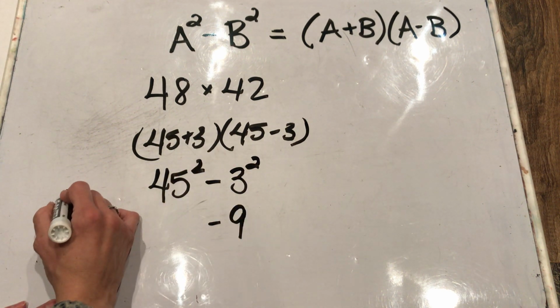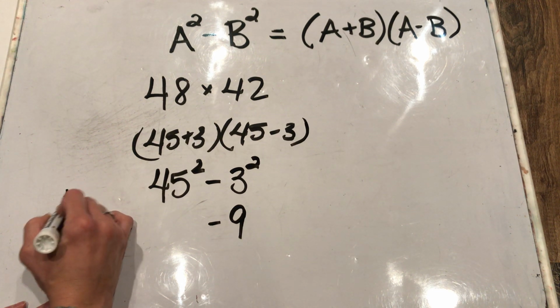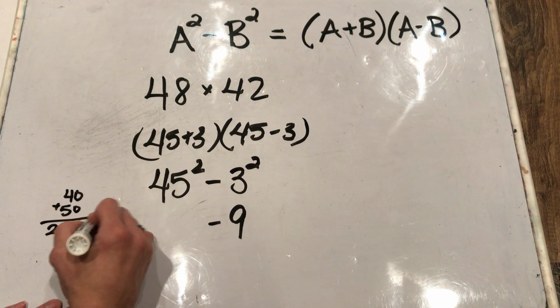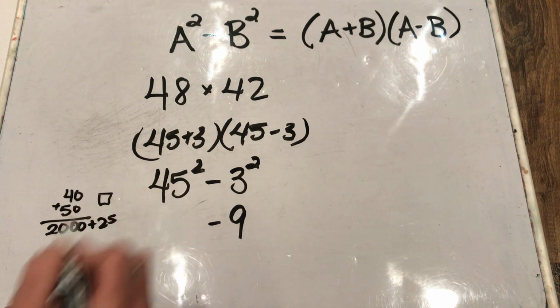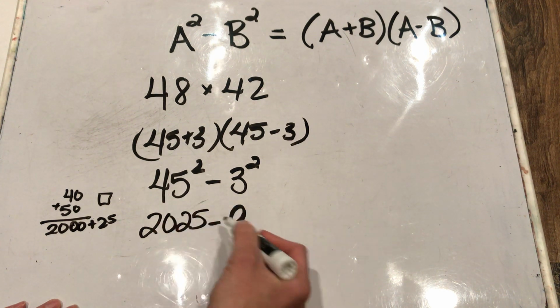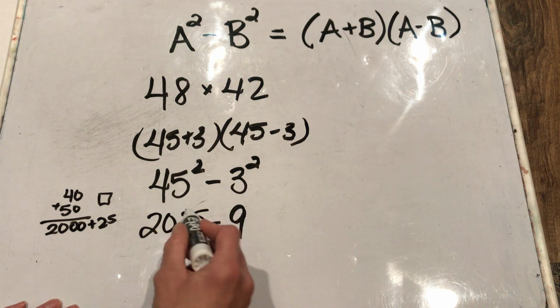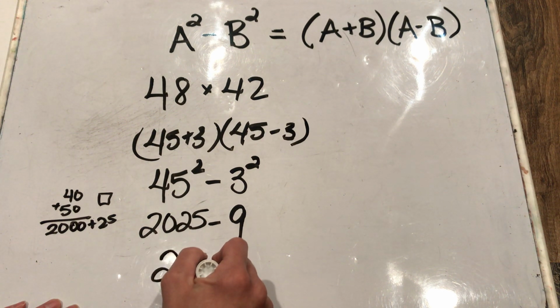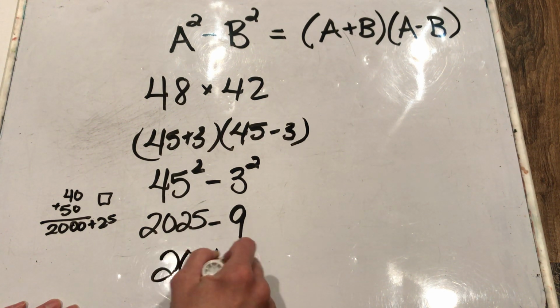Okay, I'm doing that one in my head a little bit. I'm saying 40 times 50. That's a 20 with 2 more zeros plus the 25, that little extra little square that I had. So 2025 minus 9, and that would be 2016.